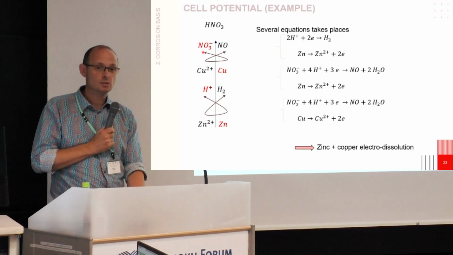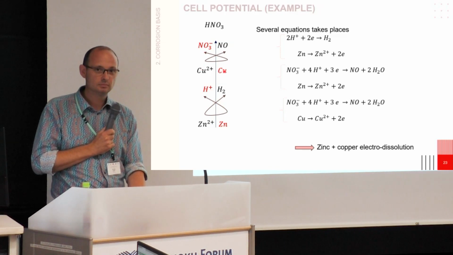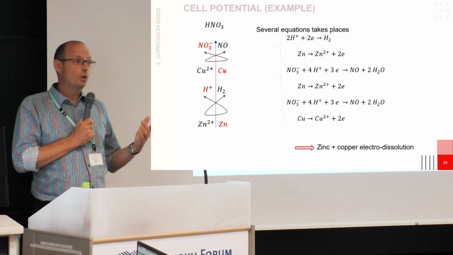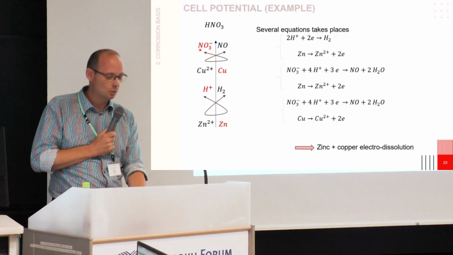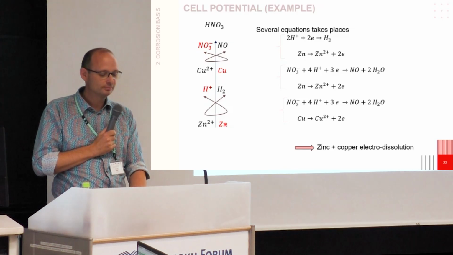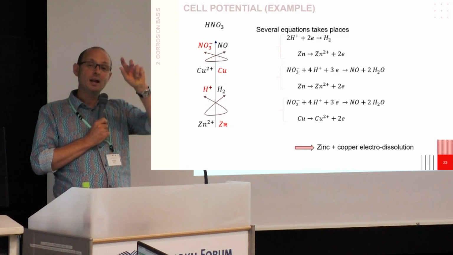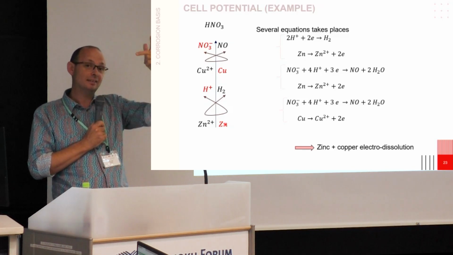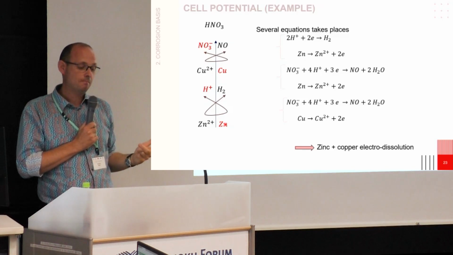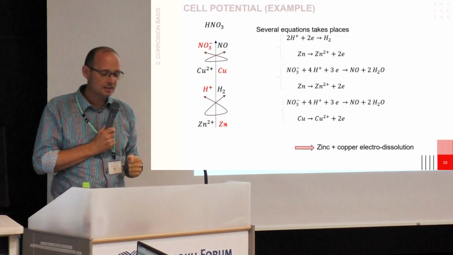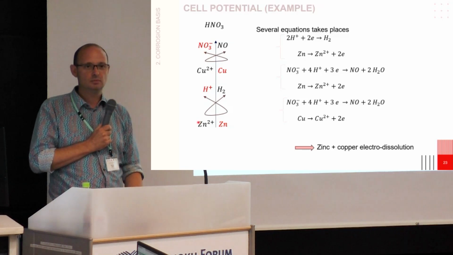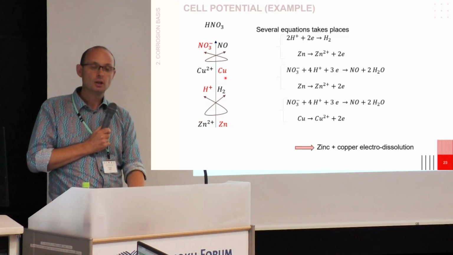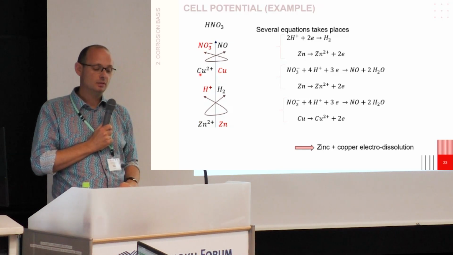These ions can play with copper. And you could also say, yeah, but these ions could also play with zinc. Okay? So I have three kinds of reactions that can take place at the same time. What are they saying, these reactions? At the end, they are saying that zinc dissolves, but also copper dissolves. Okay?